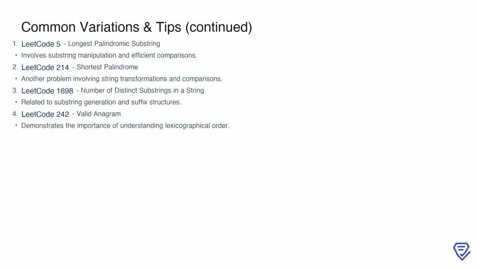Another valuable problem is LeetCode 1698, number of distinct substrings in a string, which ties into suffix structures and substring generation. Lastly, LeetCode 242, valid anagram, reinforces the importance of understanding lexicographical order. These problems build on similar concepts and can help you recognize patterns and refine your approach to solving string-related challenges.